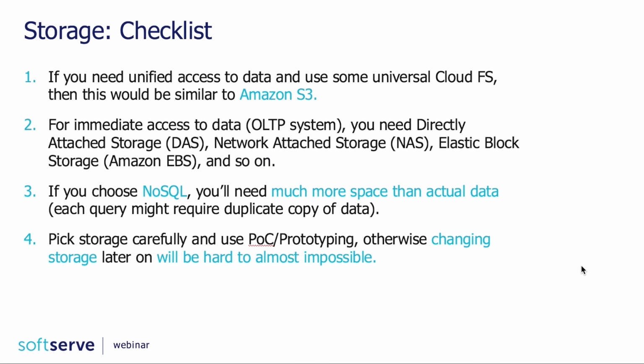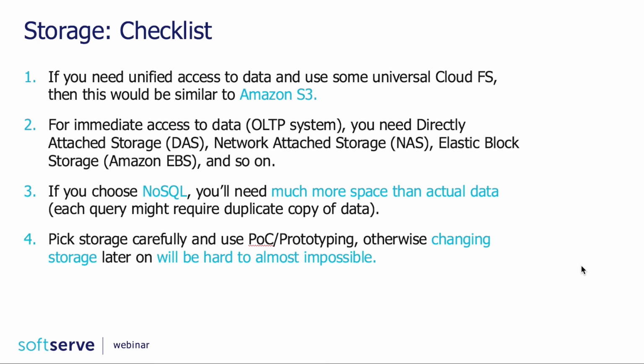Okay, and the quick checklist for storage is, again, unified access to data: Amazon S3. Very immediate access to data: directly attached storage, network attached storage, or maybe Elastic Block Storage from Amazon, EBS. If you choose NoSQL, you need much more space than actual data because, remember, we create different tables for different queries. And this is important to understand when you decide how much storage your solution will need.